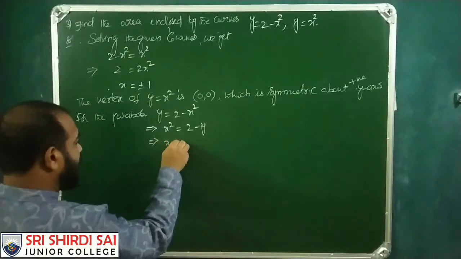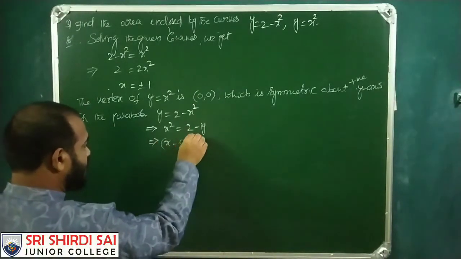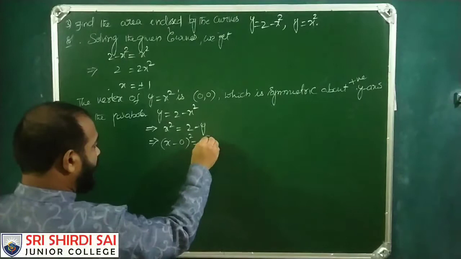Further, x minus 0 whole square equals minus of y minus 2.